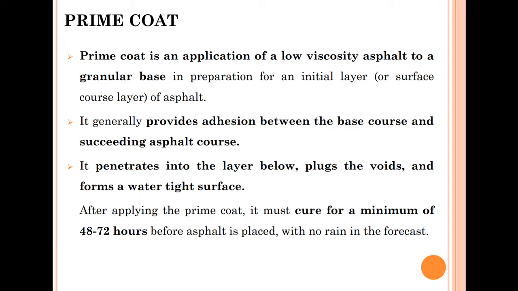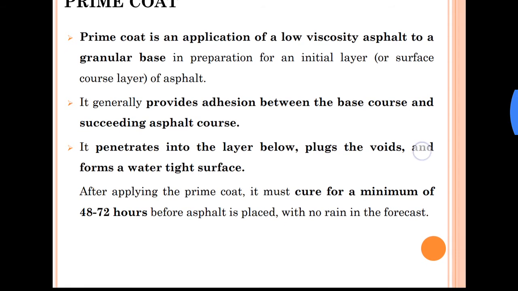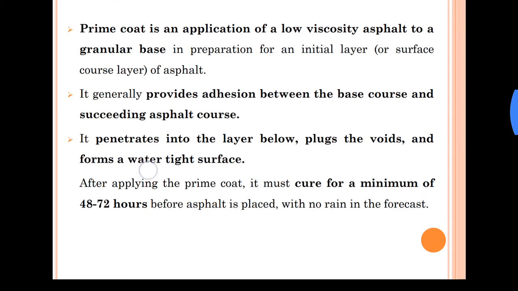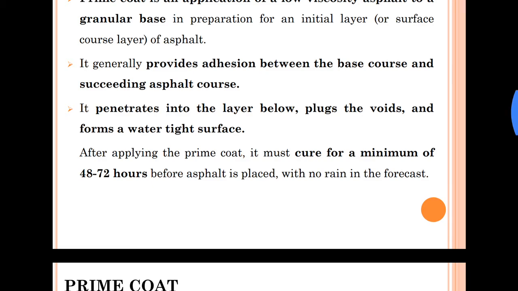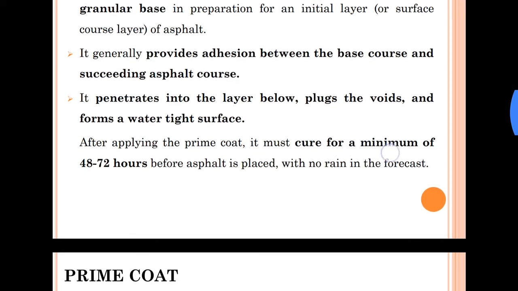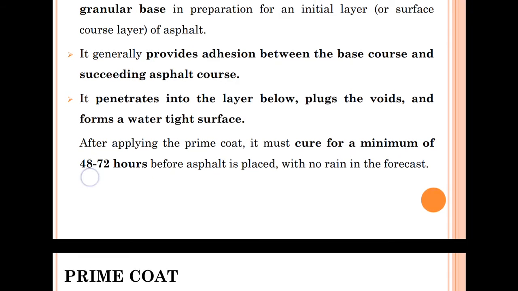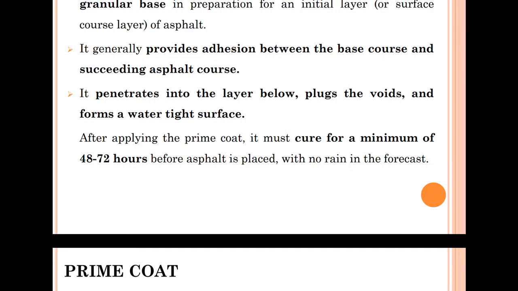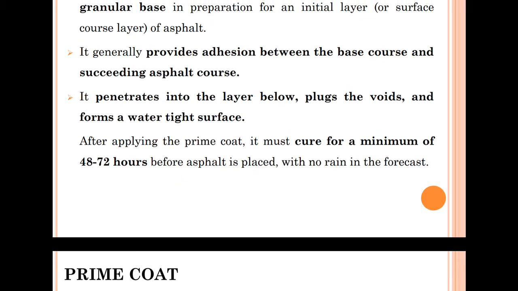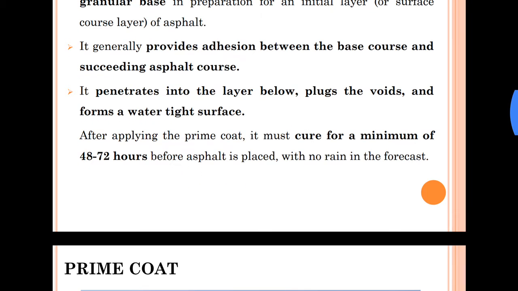Okay, so mainly this prime coat is provided in between a binder course and a base course. It penetrates into the layer below, plugs the voids and forms a watertight surface. After applying the prime coat, it must cure for a minimum of 48 to 72 hours before asphalt is placed, with no rain in the forecast.